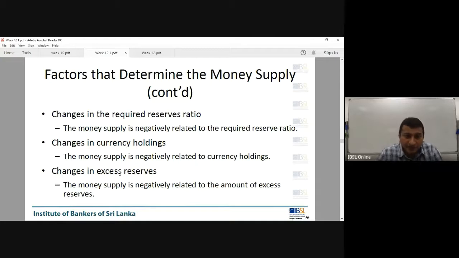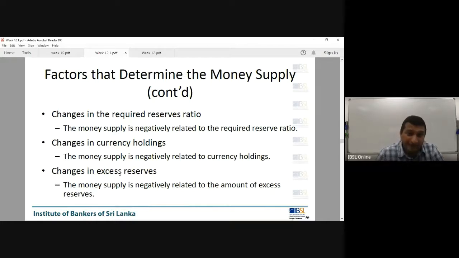And similarly, the required reserve ratio also contributes to the money supply process. Changes in the required reserve ratio: if you increase the reserve ratio from 10 to 20, the money supply would reduce.